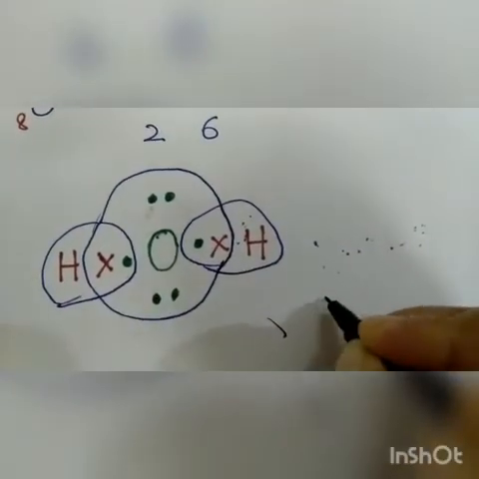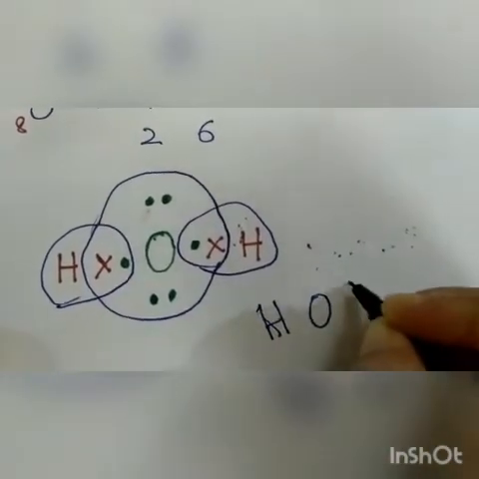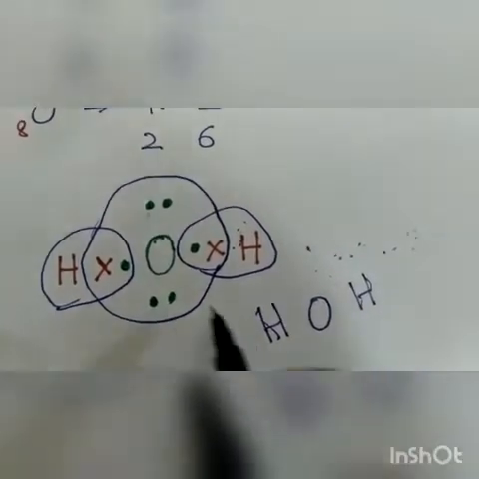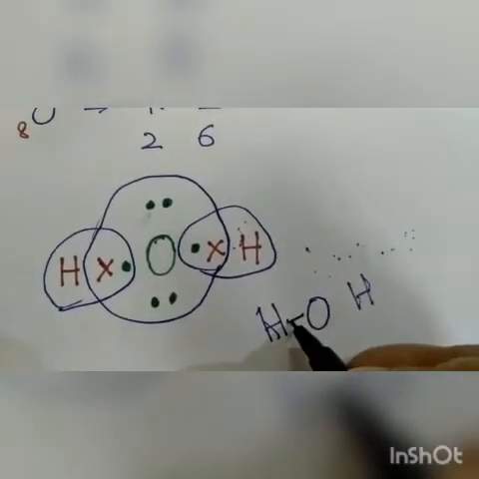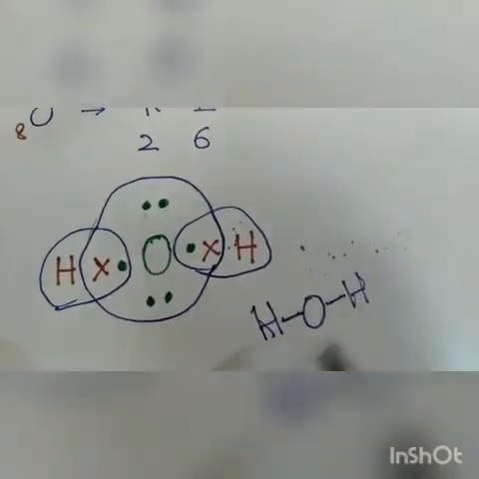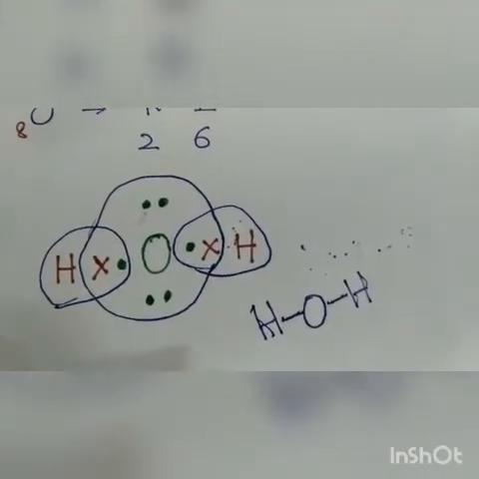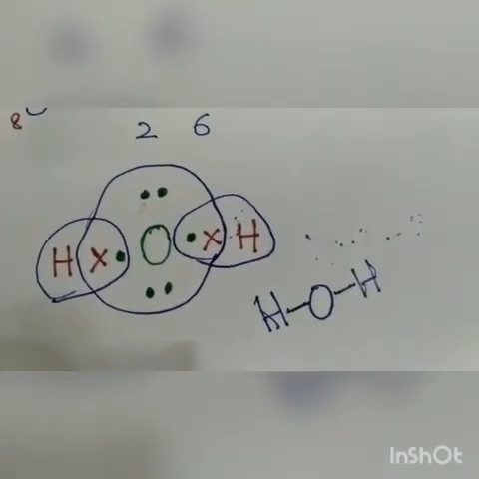So if this is oxygen, this is hydrogen, this is also hydrogen. So how many electrons are shared here? 1. So there will be a single bond. How many electrons are shared here? So there is a single covalent bond in water. It needs practice, so please practice.